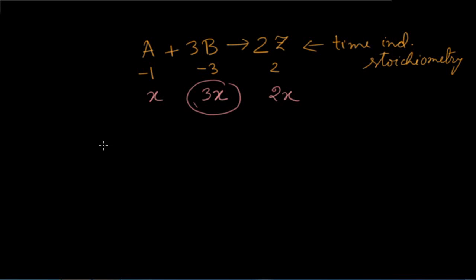When we change time, in that duration how much of A is consumed, that is the rate of consumption, and mathematically we can represent it as -d[A]/dt. The minus is there because the concentration of A will decrease with time. It's a reactant, it will be consumed.